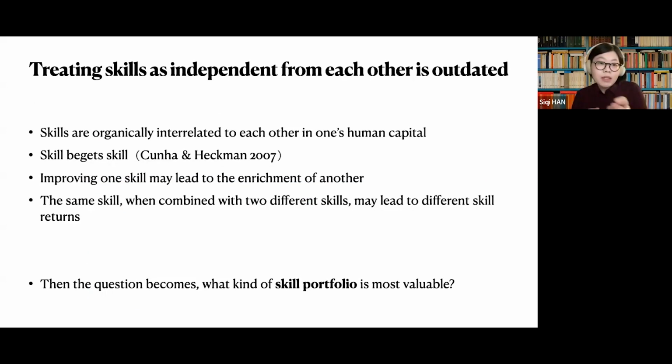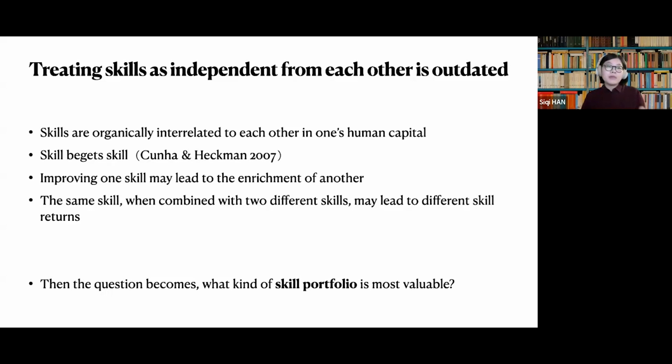In the famous Cunha and Heckman paper, they claim that skill begets skill. Improving one skill may lead to the enrichment of another. And the same skill, if combined with different other skills, may give the employee very different economic returns as well.